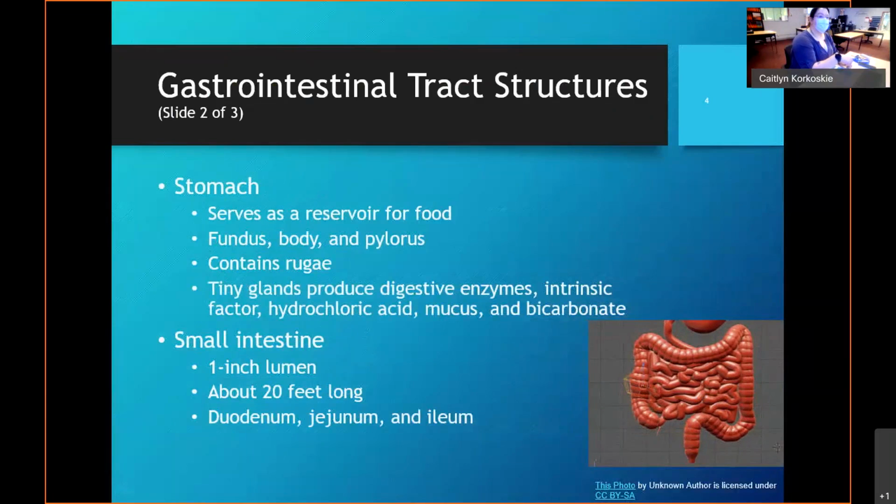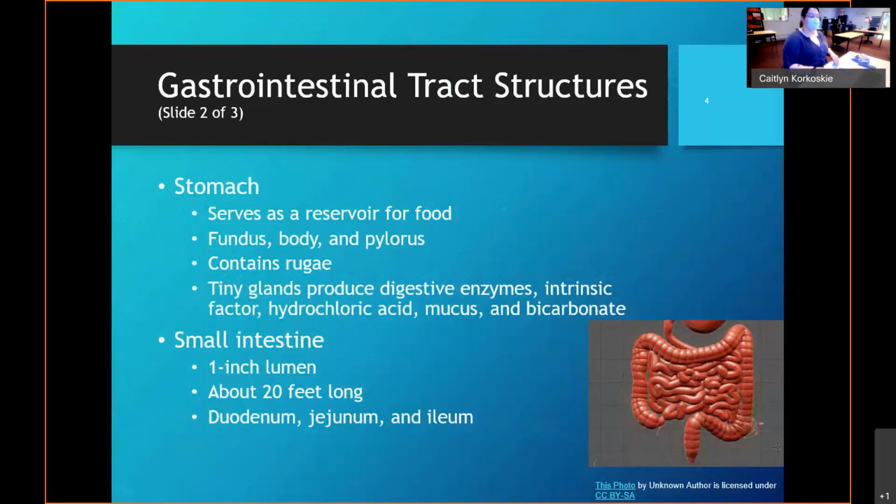But then your liver, your gallbladder, your pancreas, those help filter out and absorb other things too. So your small intestines are basically just taking anything left over that it could possibly absorb, mostly water.